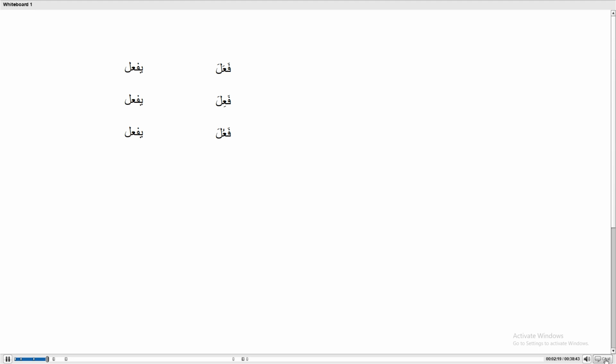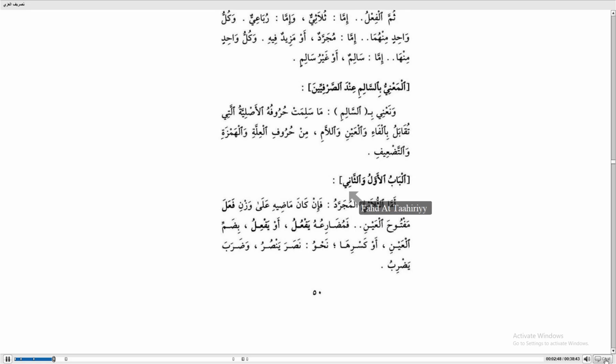For the madi, we said that the الفعل is of three types: ماض ومضارع وأمر. As for the madi, there are only three forms to the three-letter verb, الثلاثي المجرد, because the author said here أما الثلاثي المجرد.